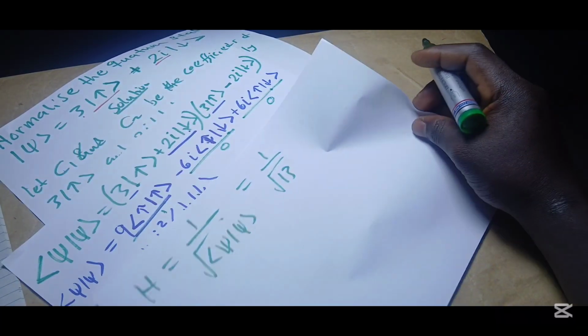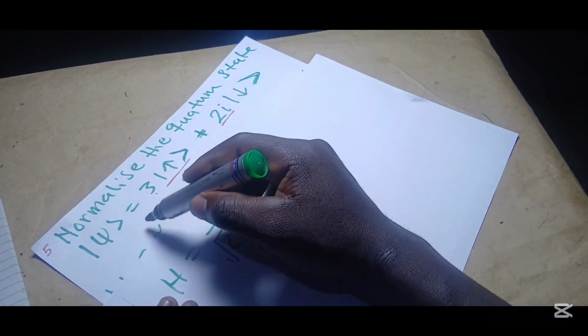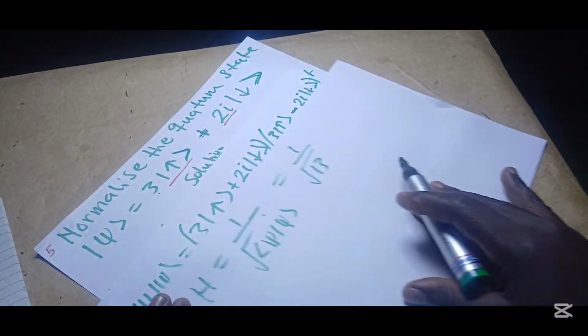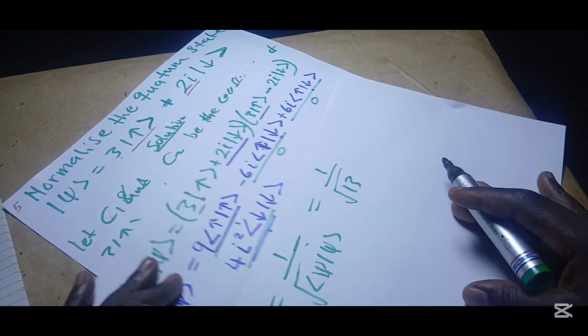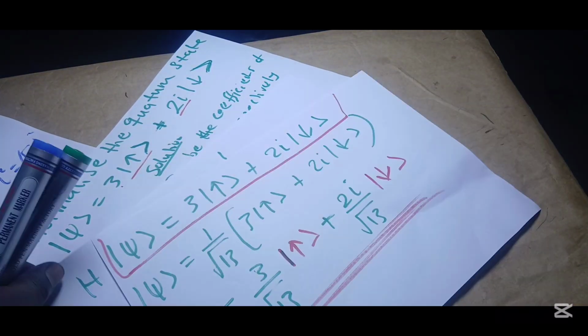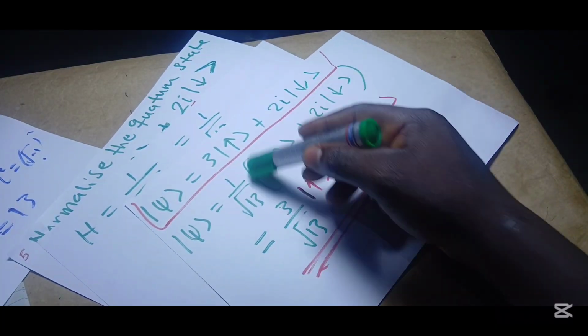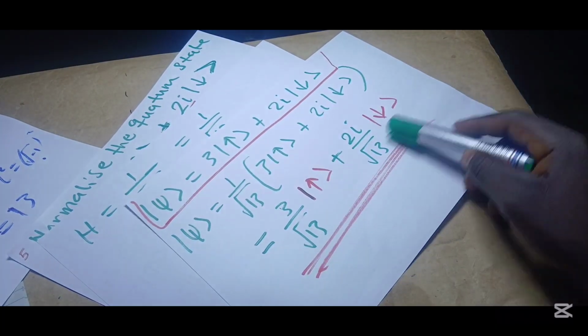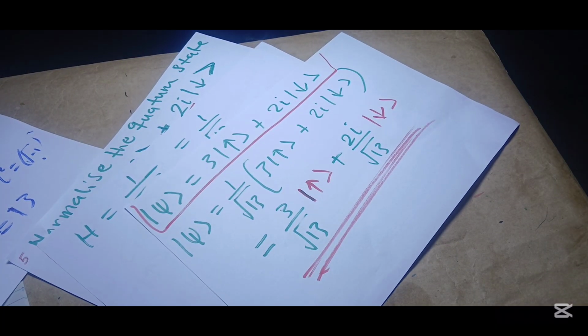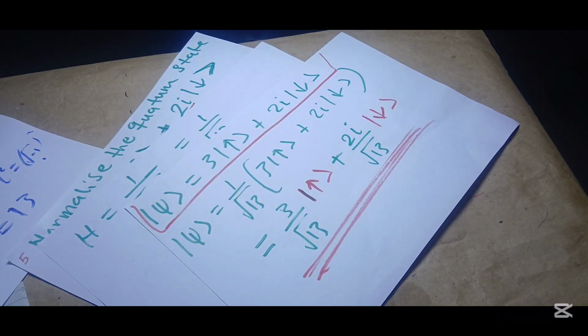Then when you are done, you just multiply the normalization constant by the whole term. And doing so is going to give us what we already had here. So if you multiply the normalization constant by the original term that was given, this is what you will get. So that is another way of going about it, but I prefer the first procedure.